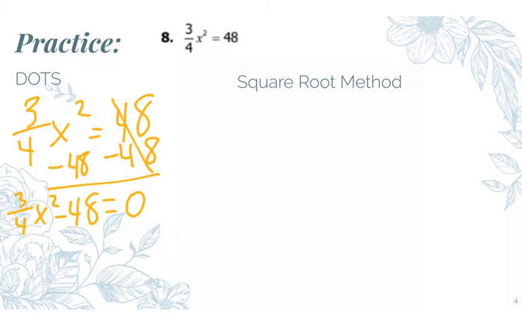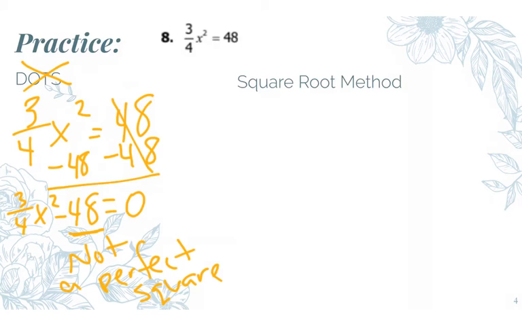Now, if you notice, 48 is not a perfect square. Right? So if it's not a perfect square, we actually can't do the difference of two squares method.